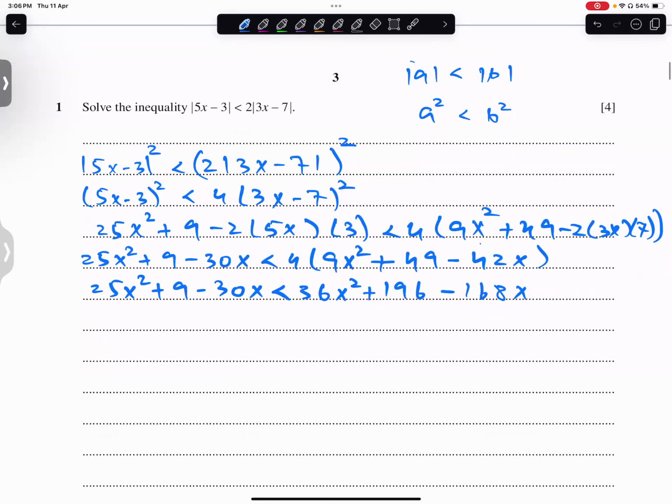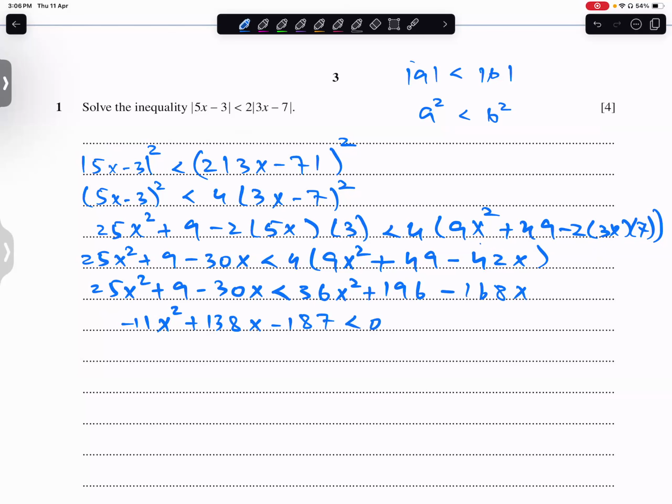Bring everything on left or right side. So the first will become 25 minus 36 will be minus 11x square, and then minus 30 plus 168 will become plus 138x, and then 9 minus 196 will be minus 187 is less than 0.